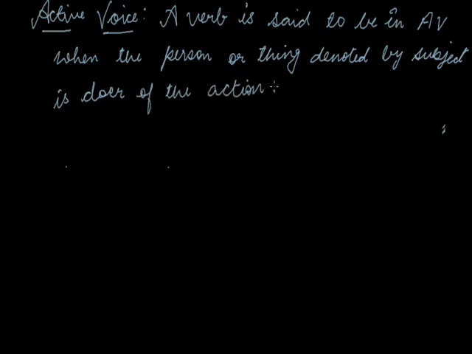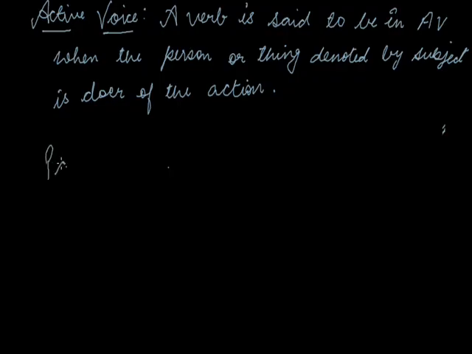And in this case, subject is said to be active. Now, in the above example, your doer of the action is Ram and Ram is active in this case. So the verb plays is said to be in active voice.